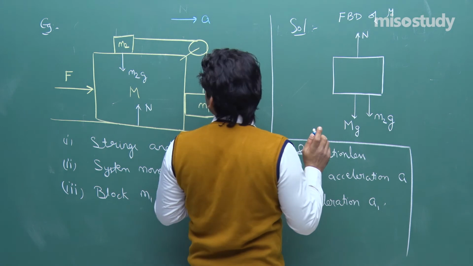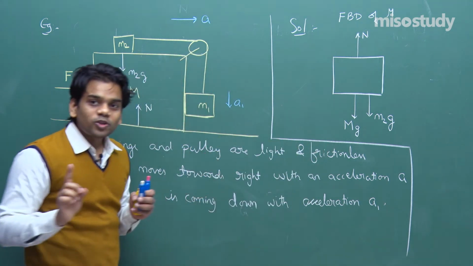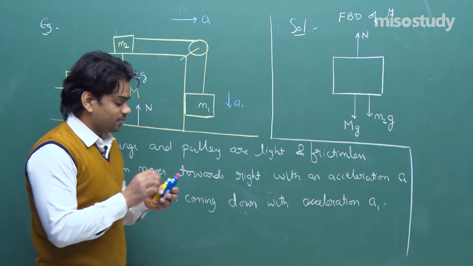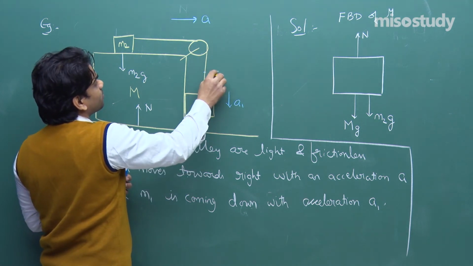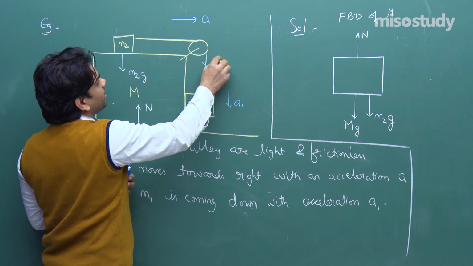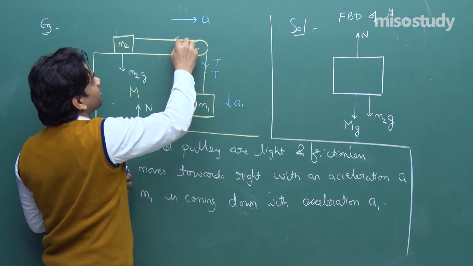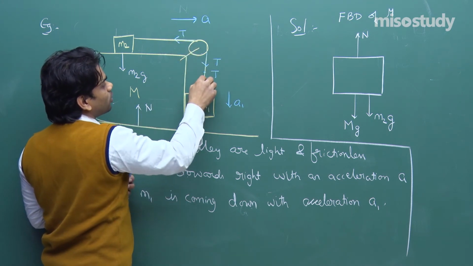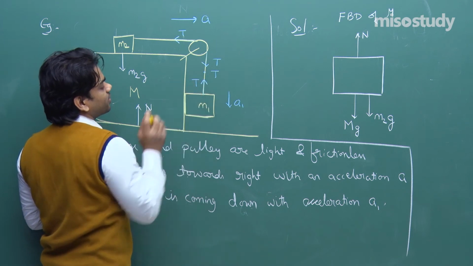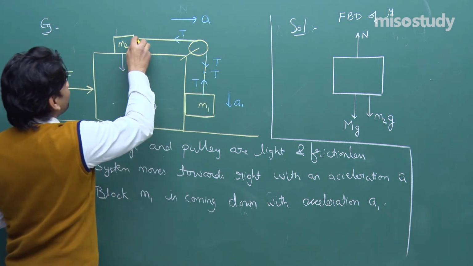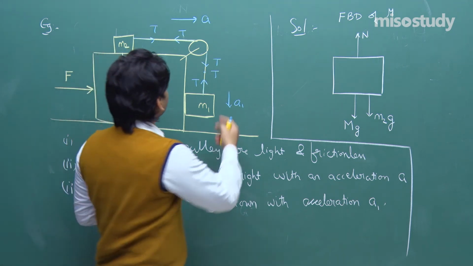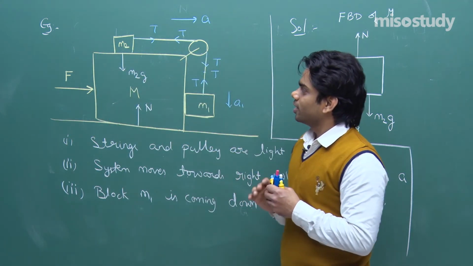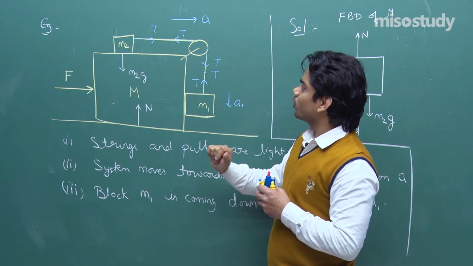Now we need to also consider the tension in the strings. Let us say the tension in the string is T everywhere. So this T will be here, and this T will be here. T will also act in the upward direction here, and T will also act on M2 in this direction as shown. Now see this pulley, we are applying the forces.